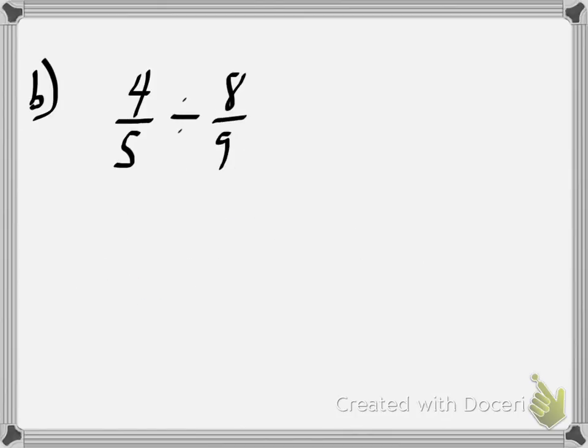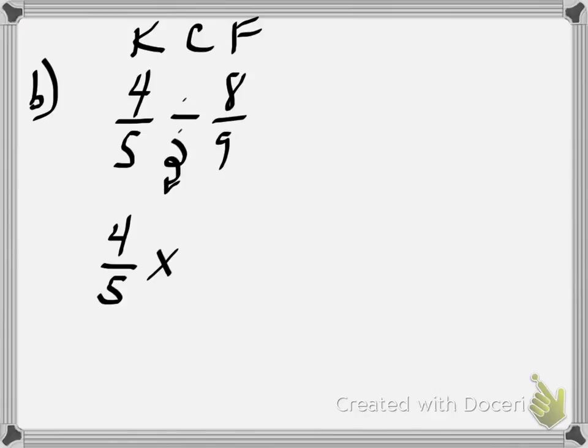For B, we have 4/5 divided by 8/9. So we're going to change, flip, multiply by the reciprocal. 4/5, change that to multiplication, so we change this also. If you change one thing, you have to change something else. Now, we can go through and cancel on here. 8 and 4 are both divisible by 4. 4 divided by 4 is 1. 8 divided by 4 is 2.